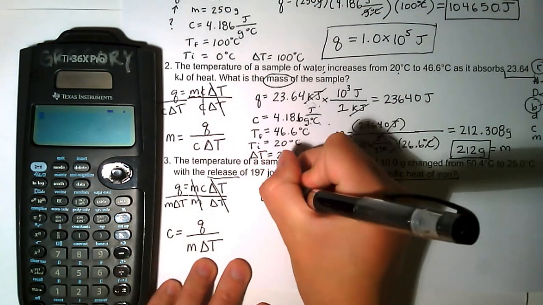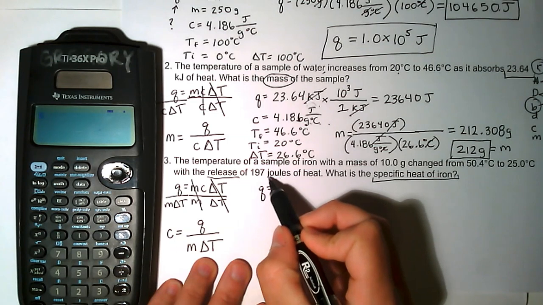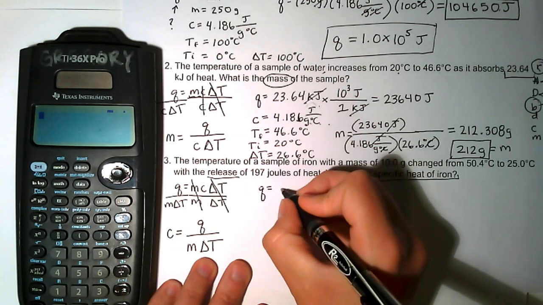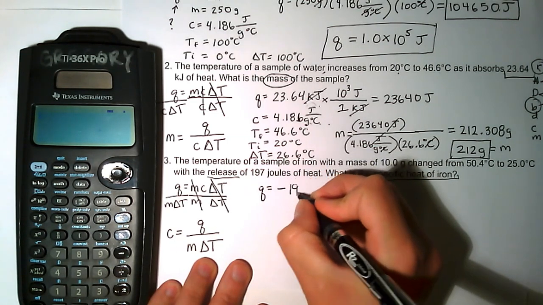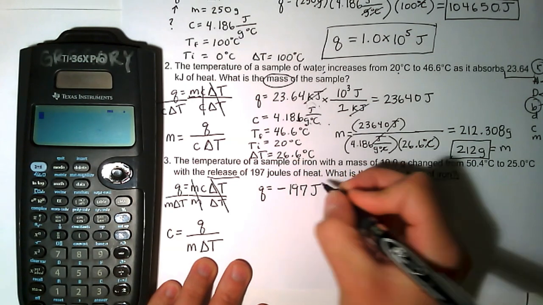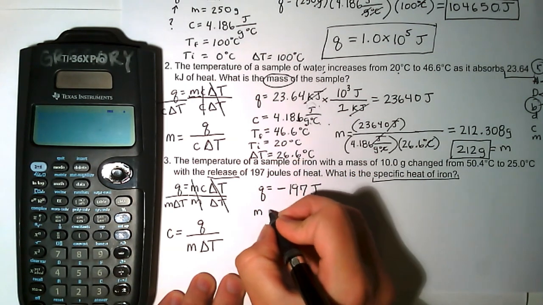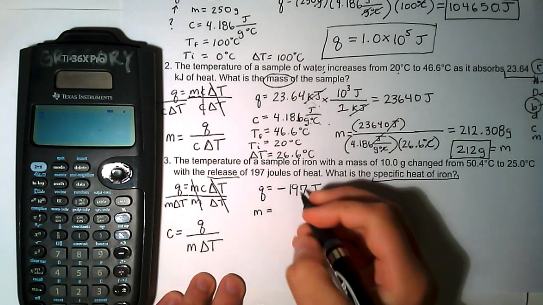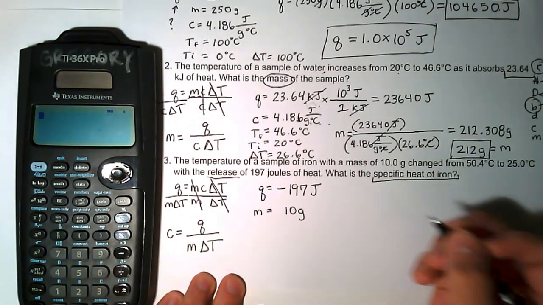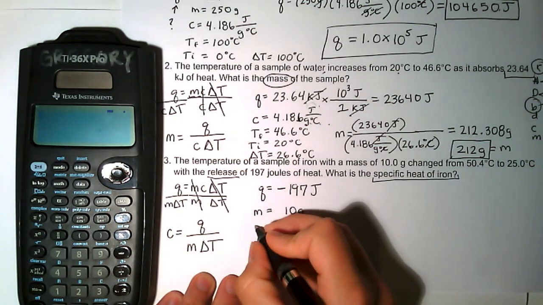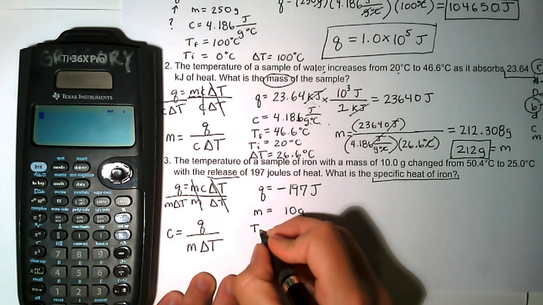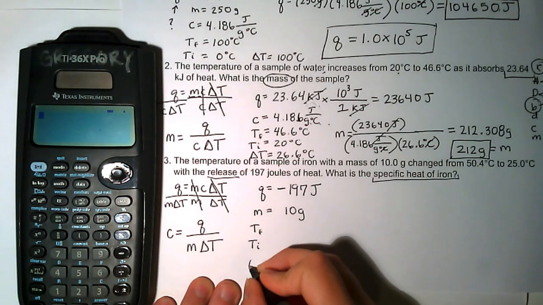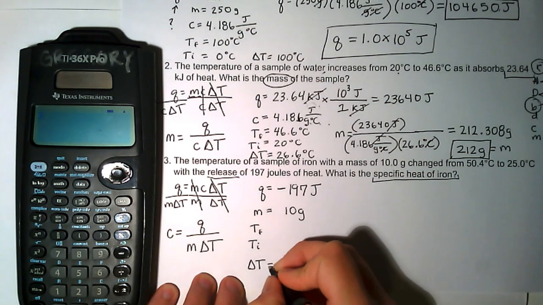Q is 197 joules, but it's a release, so it's going to be a negative 197 joules. M is 10 grams. And then delta T is going to be T final minus T initial, and that'll give us our change in temperature.